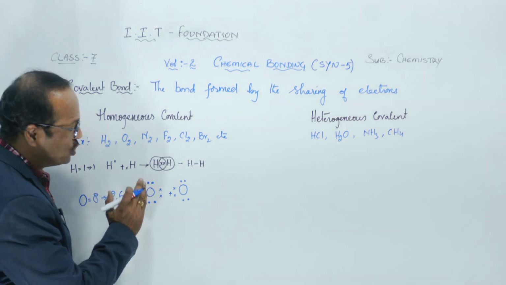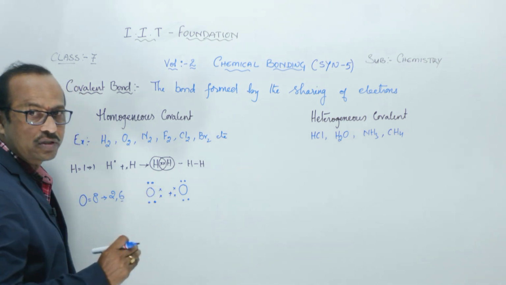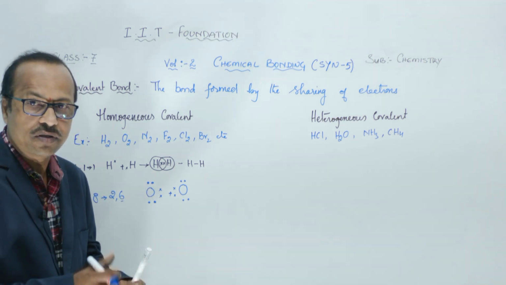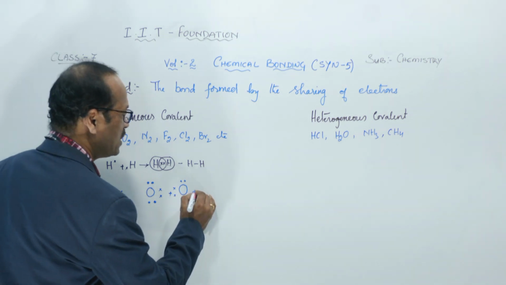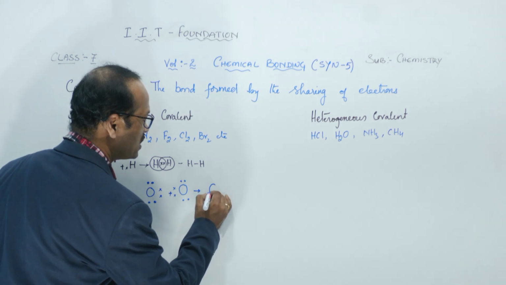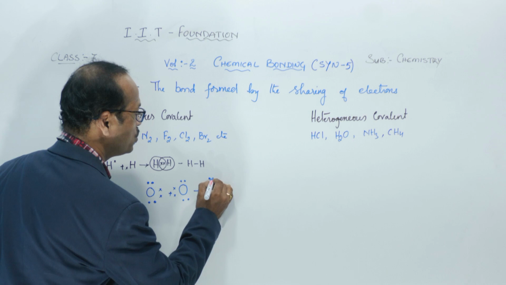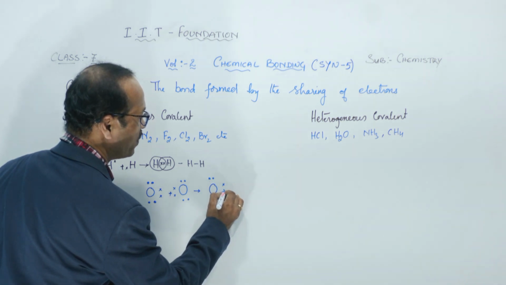So that's what they do. This oxygen shares 2 electrons, and that oxygen also shares 2 electrons. Means this is giving 2 electrons, that is giving 2 electrons. Totally it becomes 4 electrons, and those 4 electrons are shared by both the oxygen atoms. So now you see how the structure will be. Oxygen here 1, 2, 3, 4, now these 2 electrons, 5, 6.